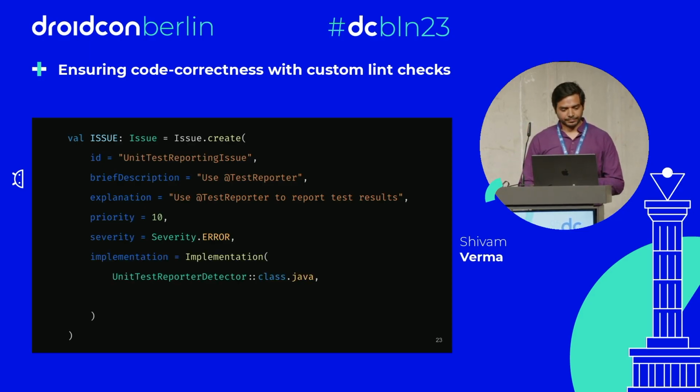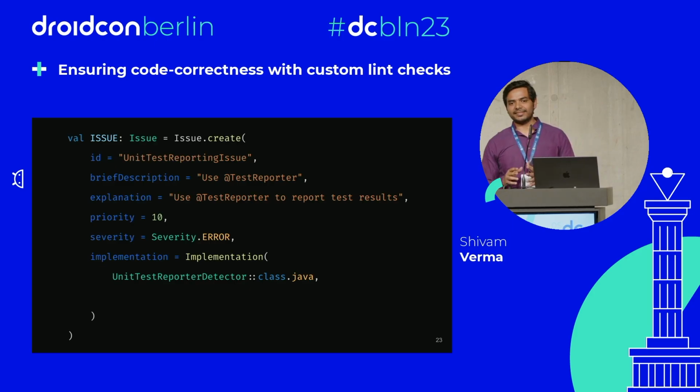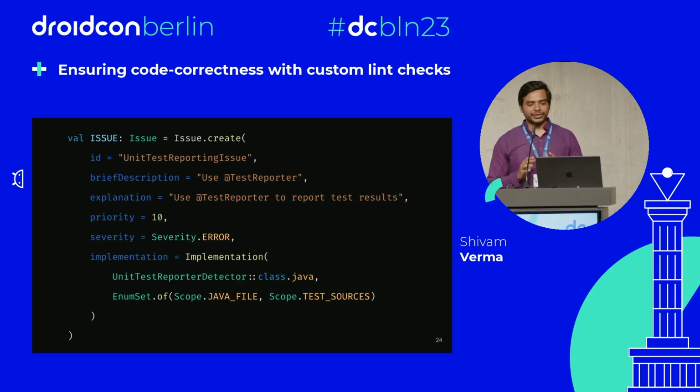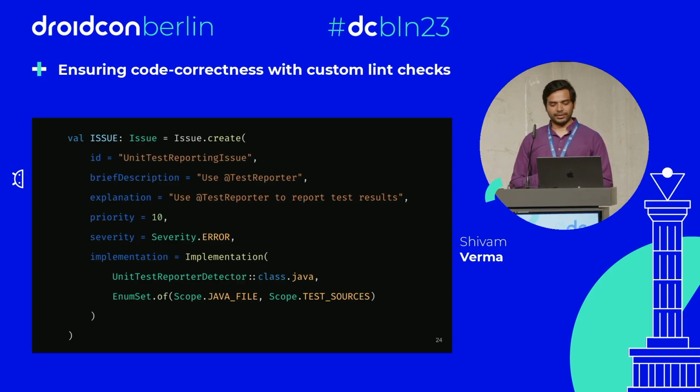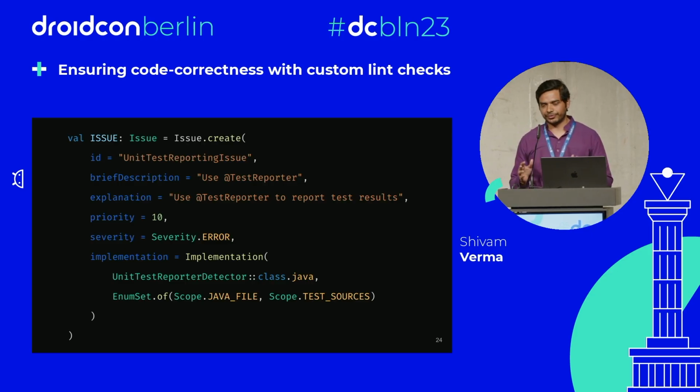Finally, we say this is the class that's going to take care of detecting this issue in our code base. In our particular case, we want to run this check on Java files and on test sources only. We don't want to run it on normal classes because that's not where this annotation is used.